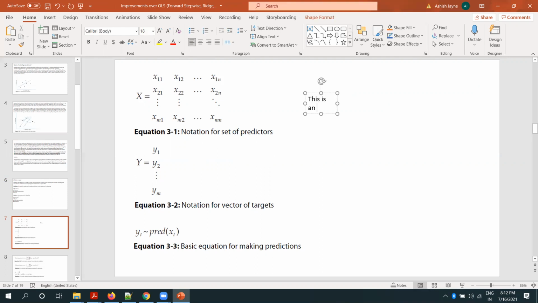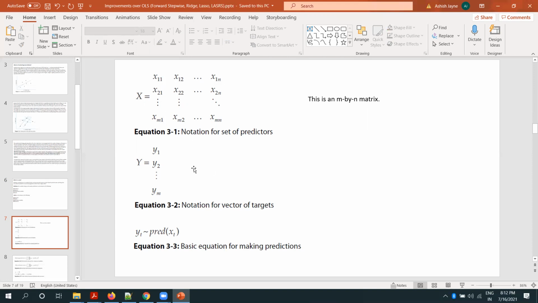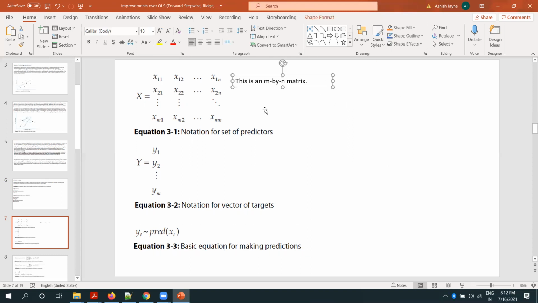Similarly, you can figure out for the other matrices that the number of rows is m and the number of columns is 1. This is an m by 1 matrix.